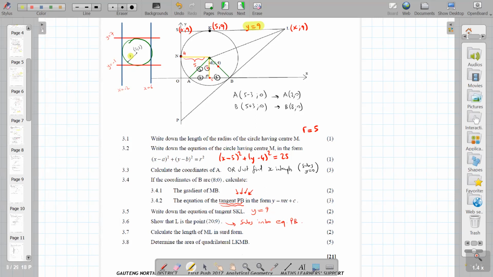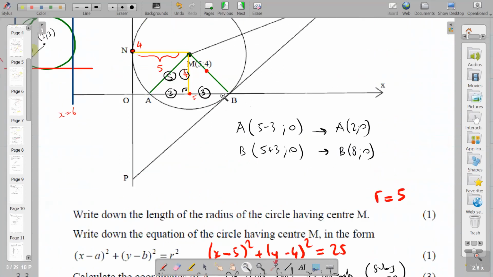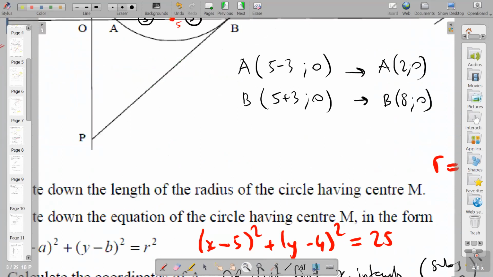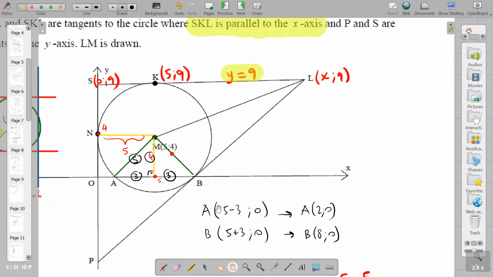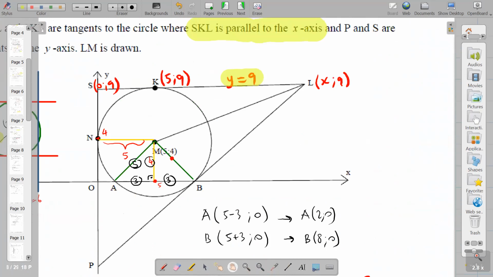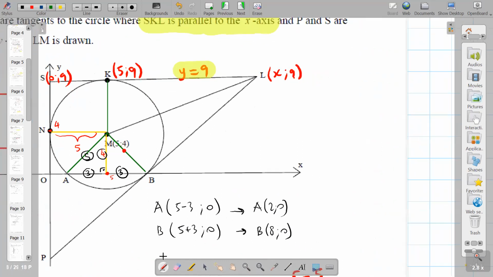Remember, we already got the distance ML, sorry, that was in the previous question. But now, how can we even determine the area of this quadrilateral? Let me just think.